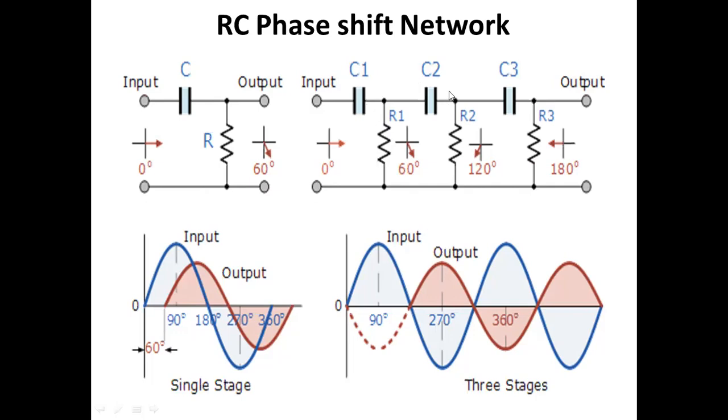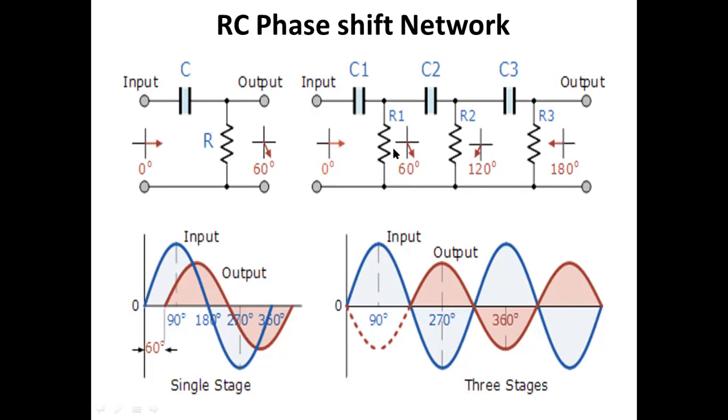Now the RC phase shift network basically consists of three RC networks which are connected in series. These three RC networks are identical in nature and they are cascaded with respect to each other.